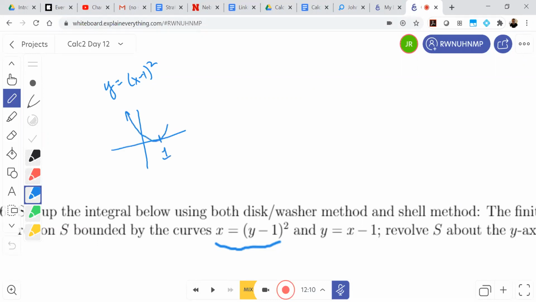This usual parabola, y equals x minus 1 squared, looks like that. And so x equals y minus 1 squared will be the same thing, just tilted sideways. So it has its vertex at a height of 1. And it looks like this.